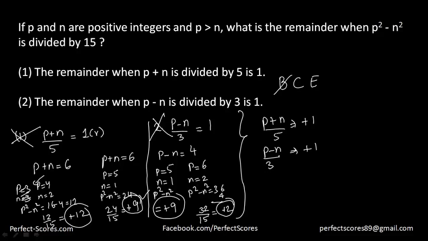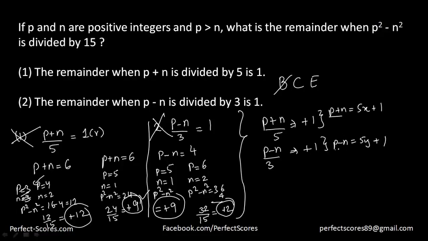So from here I can say that p plus n is equal to 5 into an integer plus 1, and p minus n is equal to 3 into an integer plus 1.